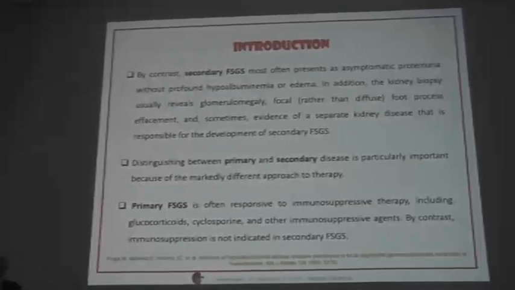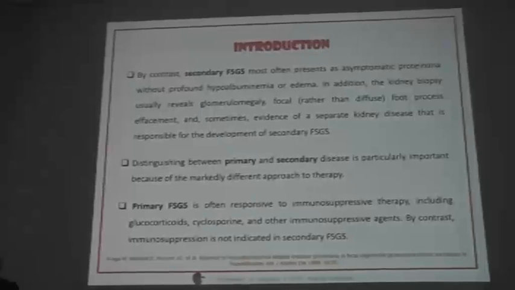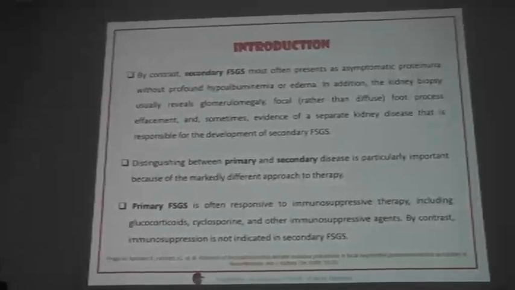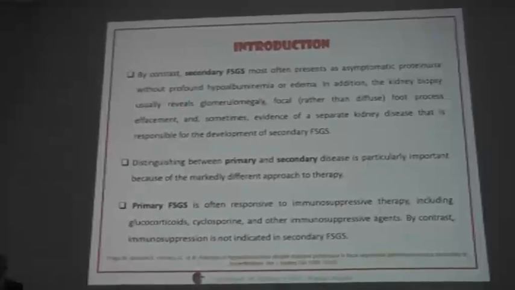Differentiating between primary and secondary focal segmental disease is particularly important because the treatment is totally different in both. Primary focal segmental glomerulosclerosis is often responsive to treatment with glucocorticoid and immunosuppressive medications, while secondary focal segmental glomerulosclerosis usually responds to non-immunologic medications.